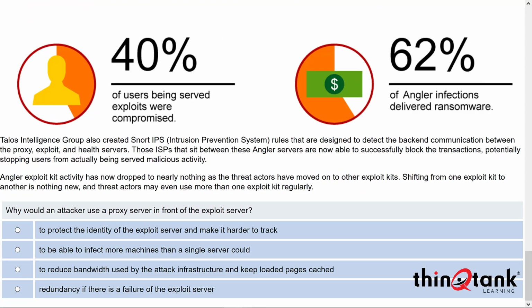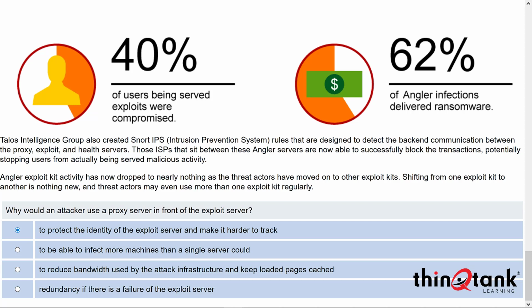Why would an attacker use a proxy server in front of the exploit server? To protect the identity of the exploit server and to make it harder to track. That sounds about right. To be able to infect more machines than a single server could? Nope, because those proxies were acting on behalf of the exploit server. They didn't actually have the malware.